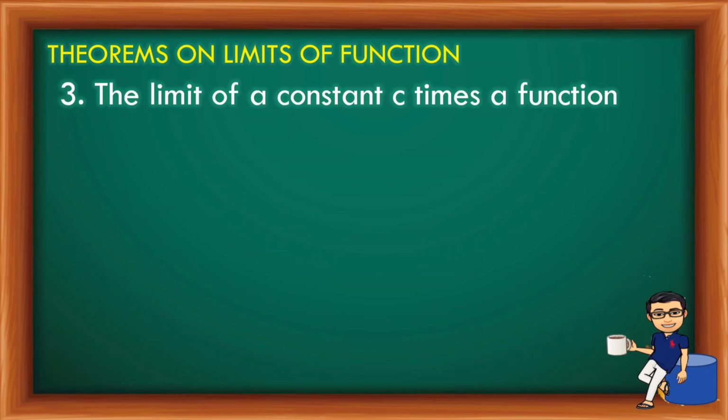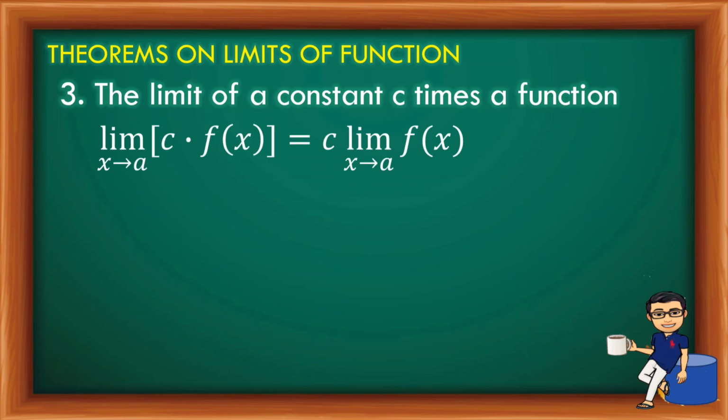The limit of a constant c times a function. This is a combination of theorem 1 and theorem 2. So we have this. This means to say that the limit of a constant c times a function is equal to c times the limit of the function, provided that the limit of f of x exists.